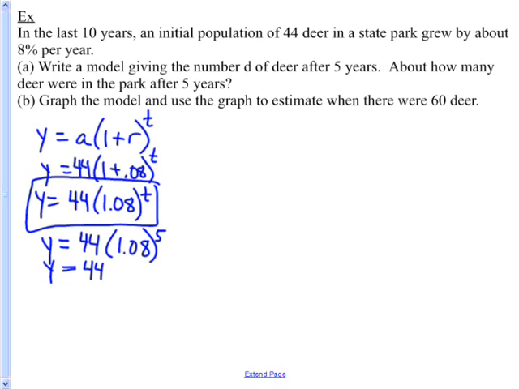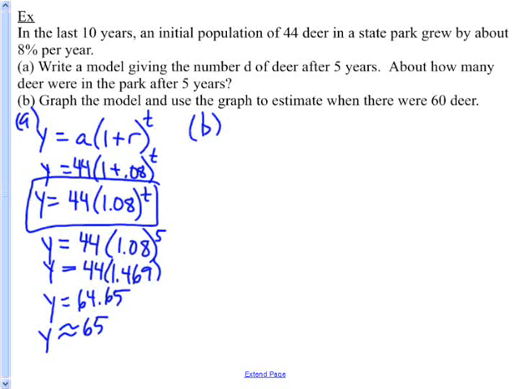So we got 44 times 1.469. Multiply 1.469 times that 44 in front there, and you get 64.65 deer. So approximately 65 deer after 5 years. So part B, we're going to go ahead and graph this. We've done part A.